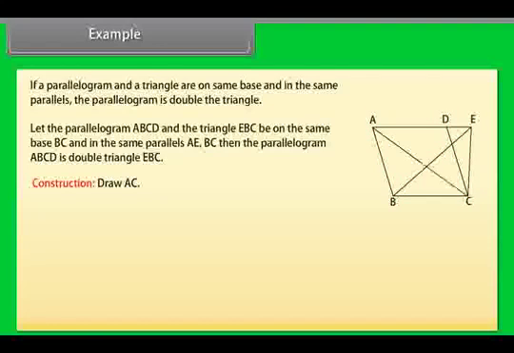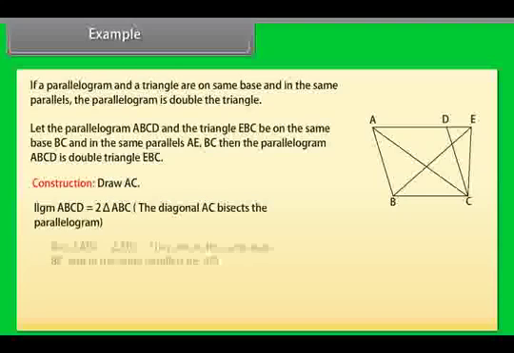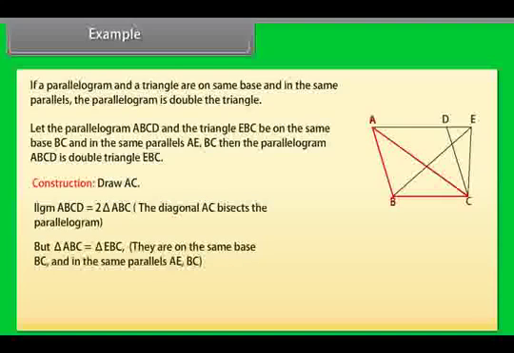Draw AC. Since AC bisects the parallelogram, therefore the parallelogram ABCD is double triangle ABC. But triangle ABC is equal to triangle EBC because they are on the same base BC and in the same parallels AE and BC. Therefore, parallelogram ABCD is also double triangle EBC.